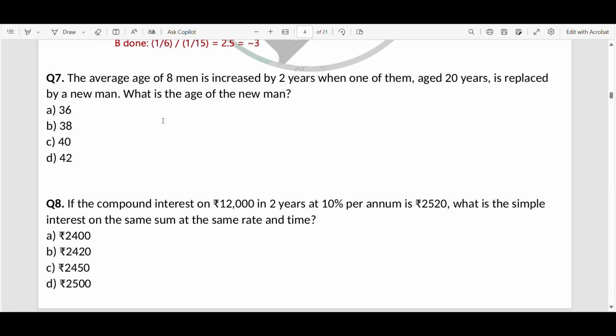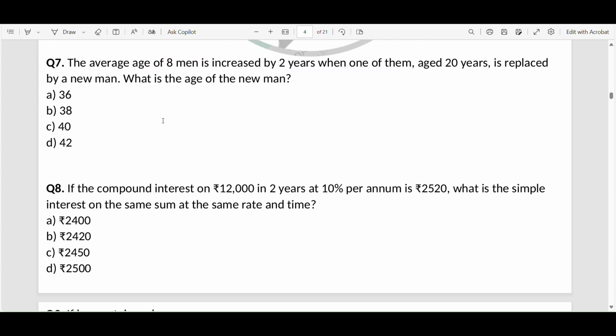Now let's go into the next question, which is question number 7. The question given is: the average age of 8 men is increased by 2 years when one of them aged 20 years is replaced by a new man.